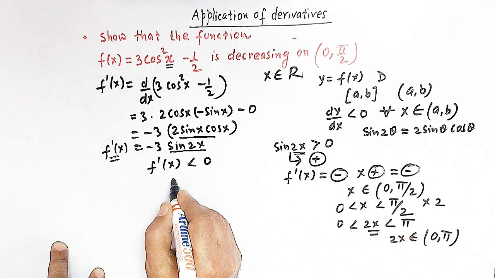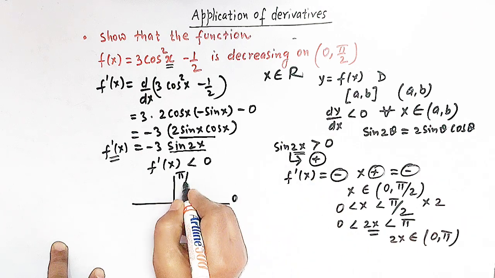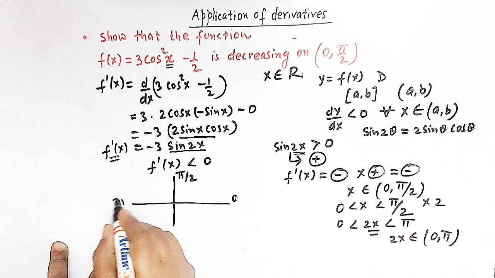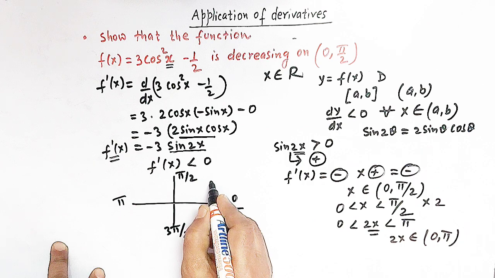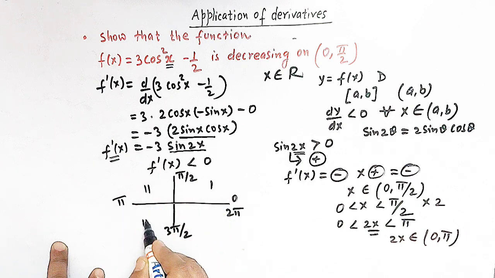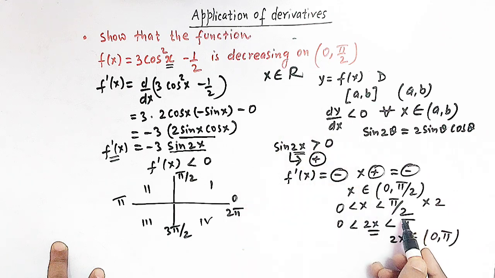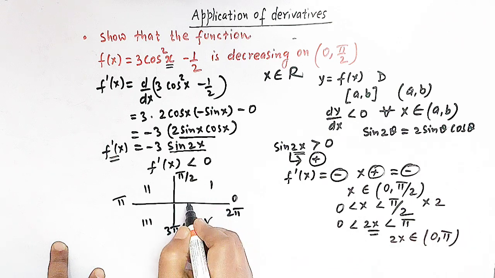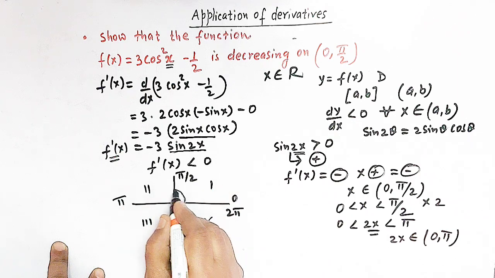If we see the sign convention of sine function in the four quadrants, here we have 0, here pi by 2, here pi, this is 3 pi by 2, and here 2 pi. This is the first quadrant, this is second, this is third, and this is fourth. So when x belongs to 0 to pi by 2, then 2x belongs to 0 to pi, so we have to consider only the first quadrant and the second quadrant.